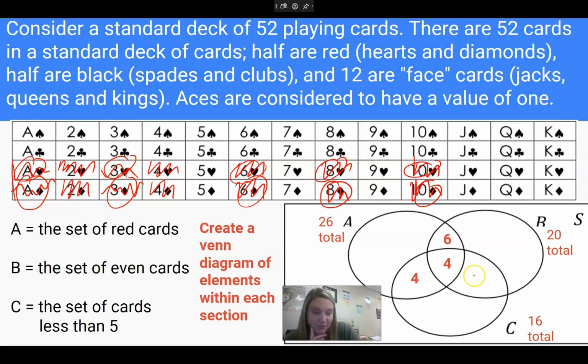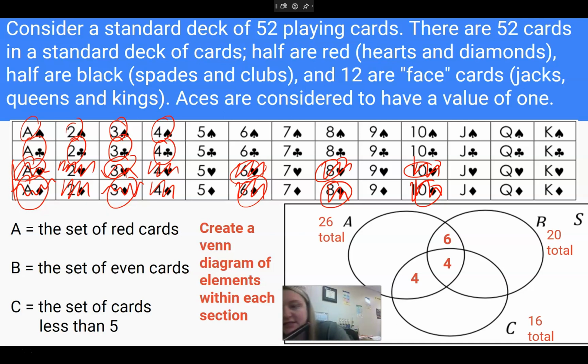All right, let's do the next little piece. Between B and C, so that's going to be even cards that are less than 5. So I don't care about red anymore. I just want to know even and less than 5. So that's going to be 1, 2, 3, 4, 5, 6, 7, 8. There's 8 cards left. Excuse me. I did that wrong, didn't I?